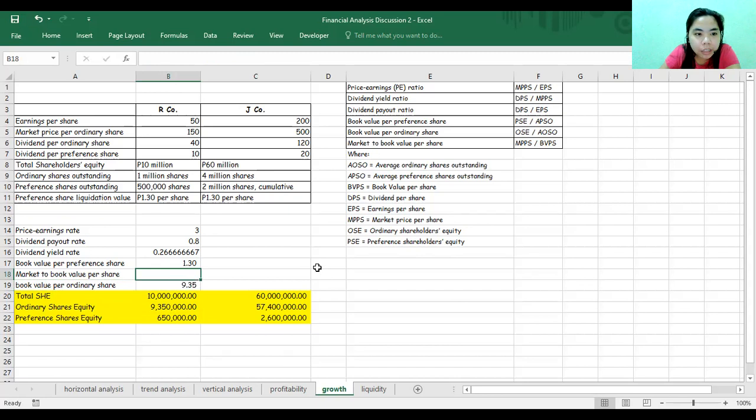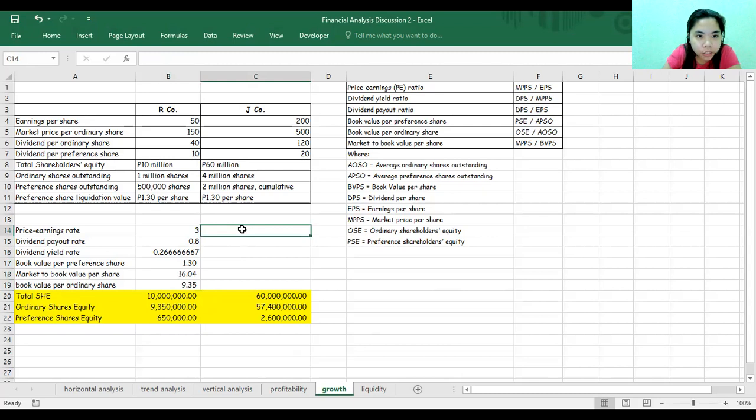Market to book value, market versus book value, it's 150 divided by 9.35. So it's 16.4. Am I right? Ordinary share equity divided by the average ordinary shares outstanding. Yes, it's correct, 9.35. Okay, so these are the ratios and prices for our company.